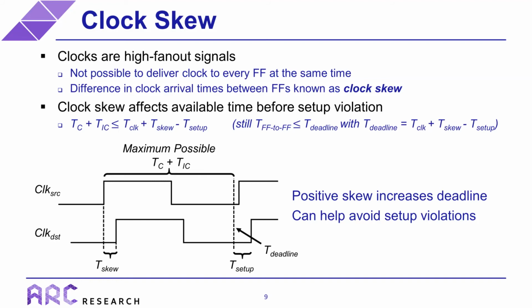Now, one thing to note is that a positive skew actually makes it easier to avoid setup violations because it increases the maximum allowable delay between flip-flops. Of course, a negative skew has the opposite effect, which can be counterintuitive when you're doing timing optimization.